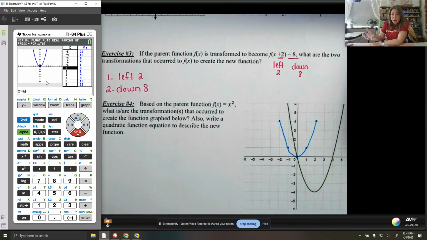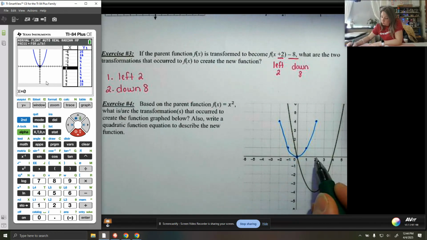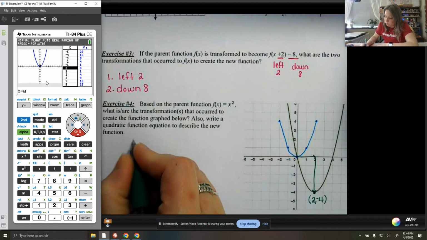Okay, so now we did not flip this time, so we don't have to worry about that particular thing, but we did move. We can see that we moved that vertex to the right 2 and then down 4 to get our vertex to 2, negative 4.